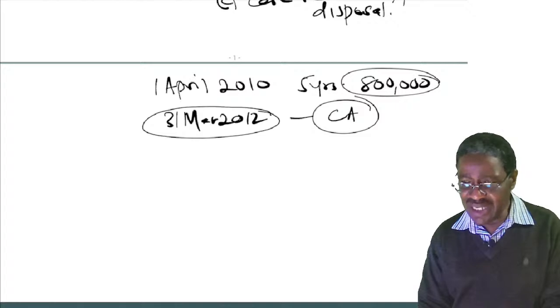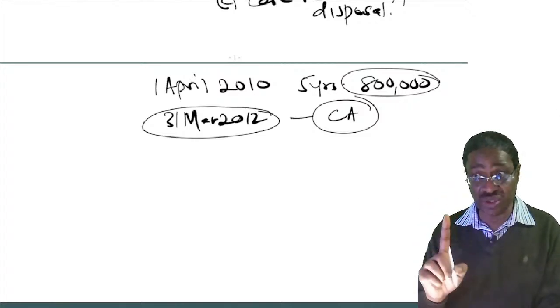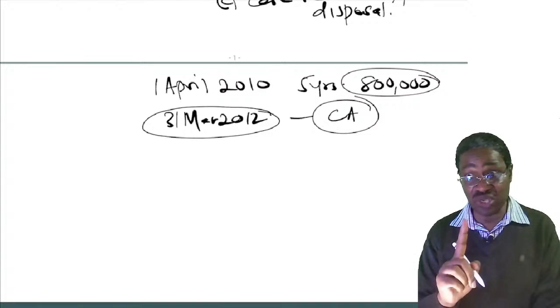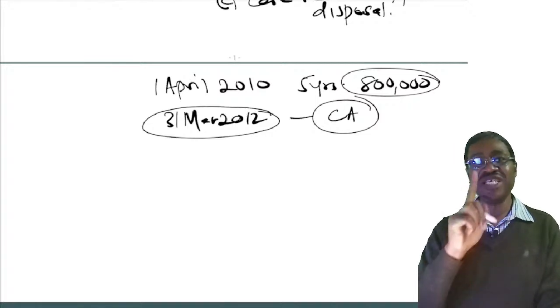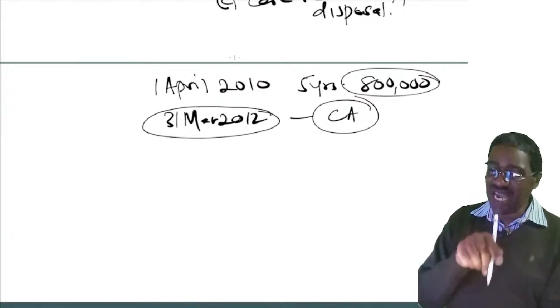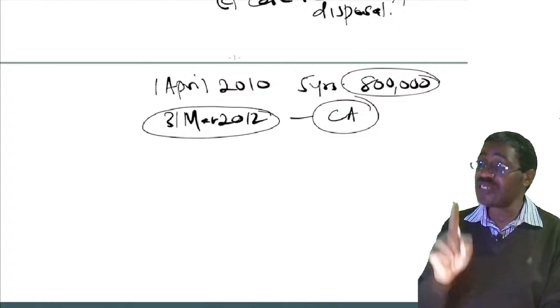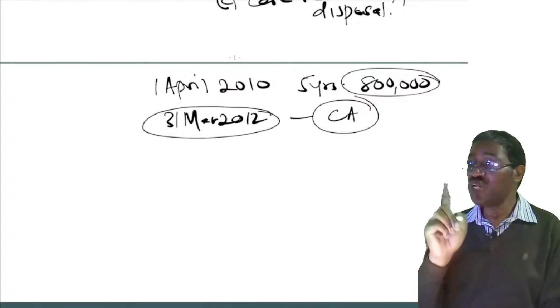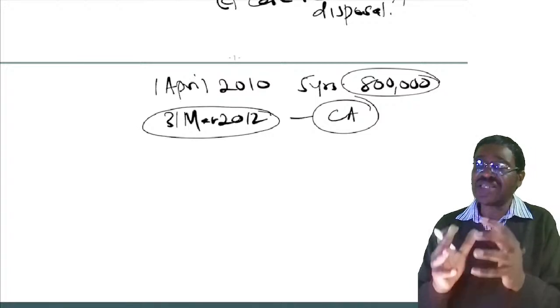That 800 was the carrying amount at the time of acquisition in 2010. I want you to get the facts. But we are not testing for impairment in 2010. We are testing as at the time we sensed something, which is 31st March 2012. So you need to know the value of that machine as at the time of testing.